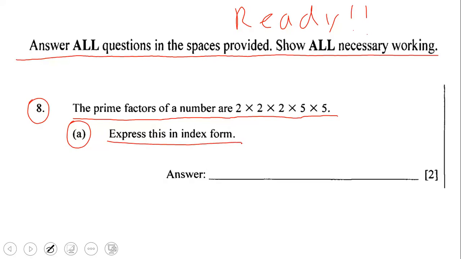Express this in index form. Notice that this question is worth 2 marks. I'm going to give you an opportunity to try this question on your own. So pause the video, attempt this question on your own, and I'll see you on the other side of the pause.